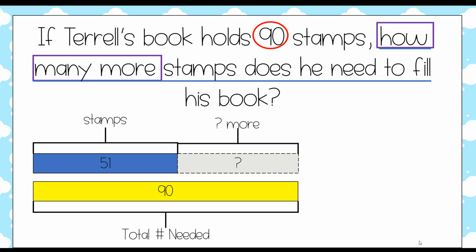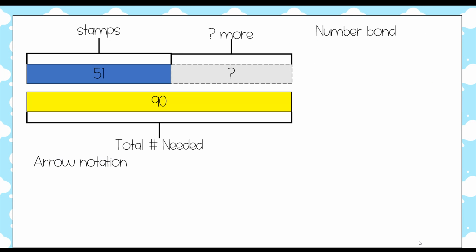When I have a whole, but I'm missing a part, do you remember what math operation we choose? Is it addition or subtraction? We are trying to find the difference. That means subtraction. I'm going to do this two different ways. I'm going to do a number bond like we did with the addition, and then I'm going to do something called arrow notation.